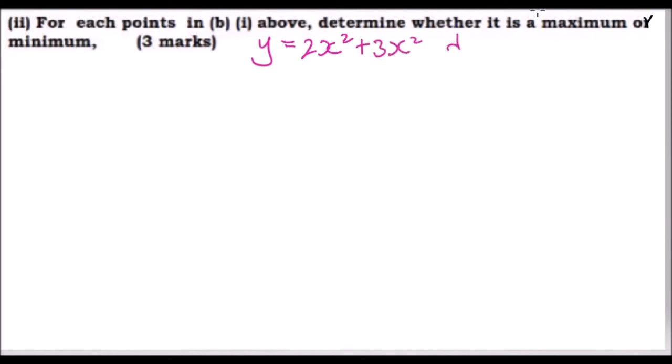We also know our dy over dx is equal to 6x squared plus 6x. So that is our function. To find whether it is maxima or minima, we have already found our turning points. Our turning points are (-1, 1) and (0, 0).